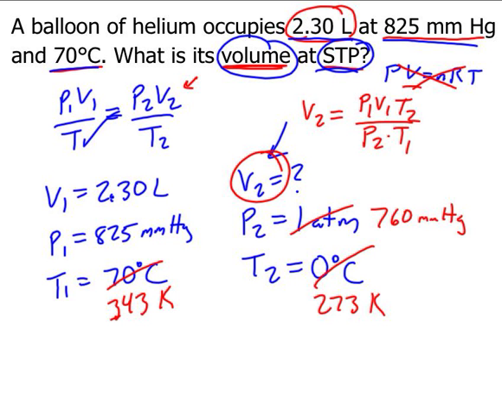And if we look at this for a second, it should make sense because the volume is going to equal a volume, and these units need to cancel. The pressure is going to cancel the pressure, the temperature is going to cancel with the temperature. But let's actually see that in action.